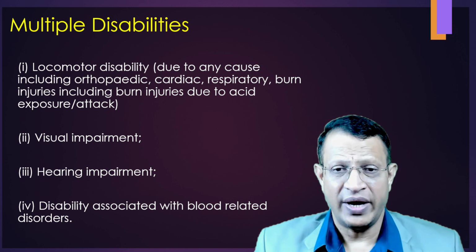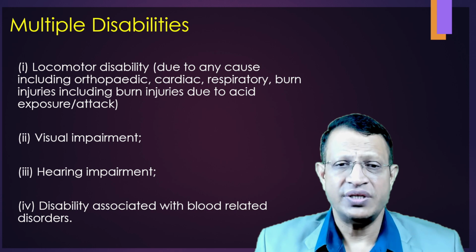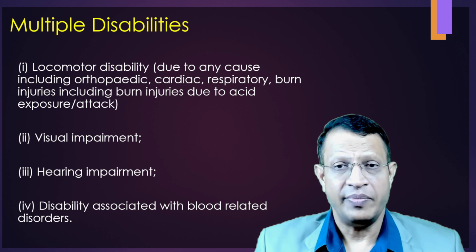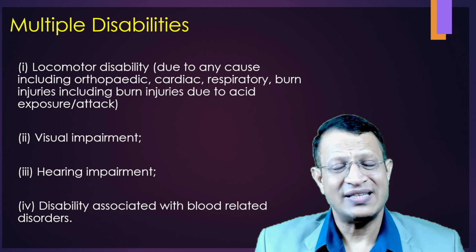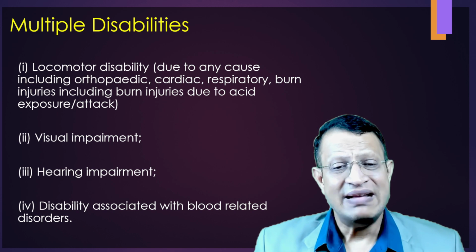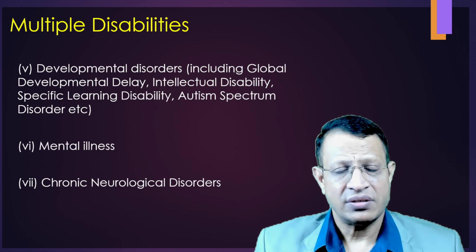Locomotor disability domain contains orthopedics, cardiac, respiratory, burn injuries, and acid attack victims. That means under locomotor, various conditions have been clubbed, along with visual impairment, hearing impairment, and disability associated with blood related disorders.